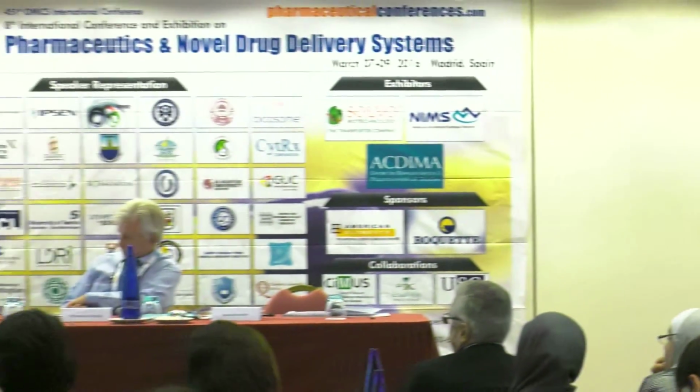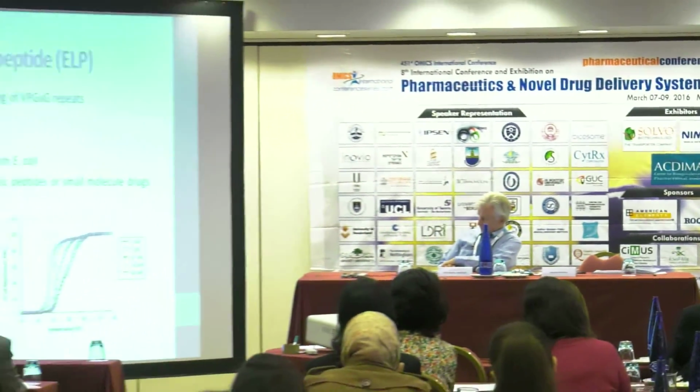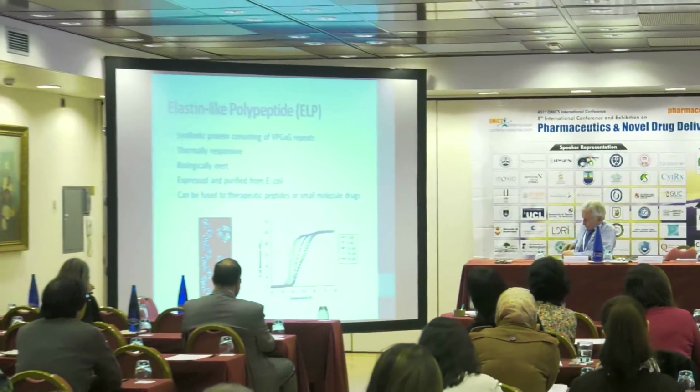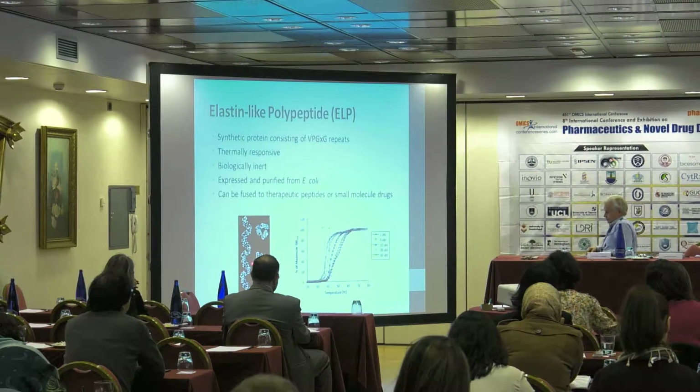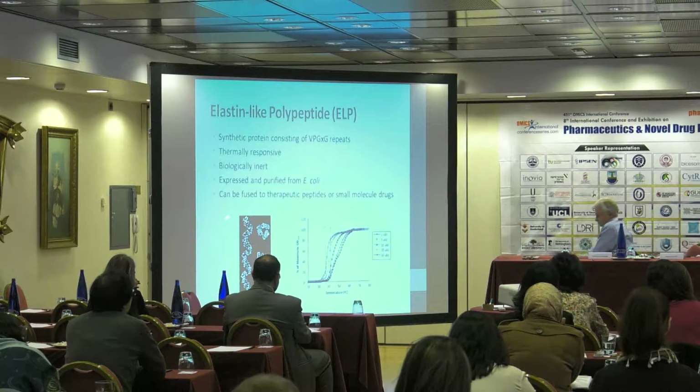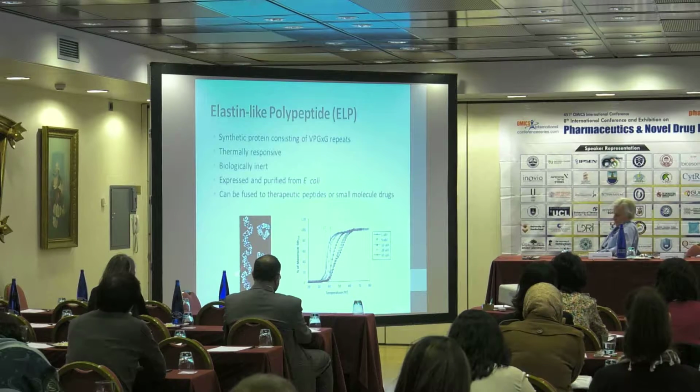So this is our elastin-like peptide. Below its transition temperature, it's extended and soluble in solution. Once you heat the solution above the transition temperature, these hydrophobic sites inside are exposed, and then you have accumulation or aggregation of the peptide.